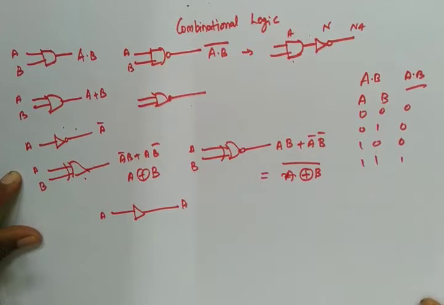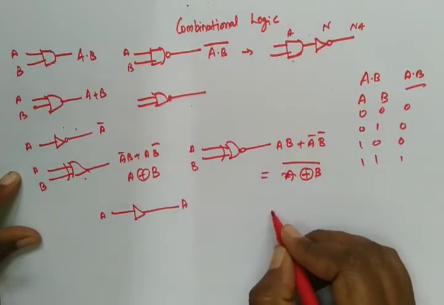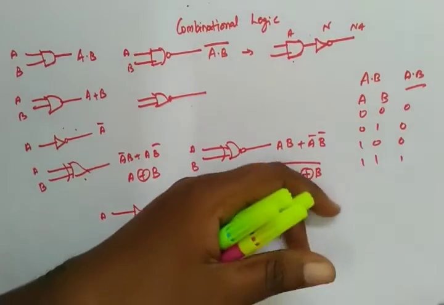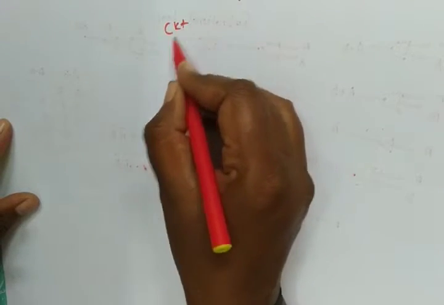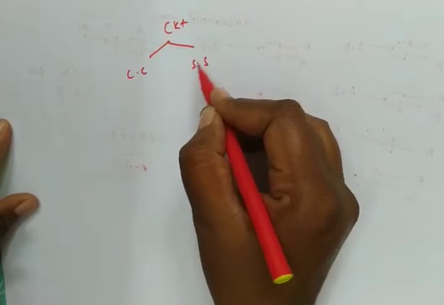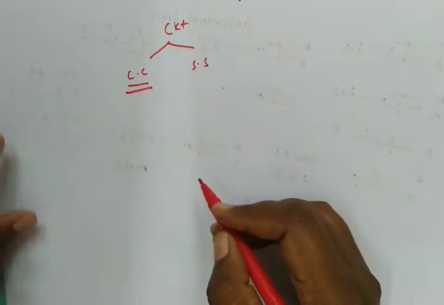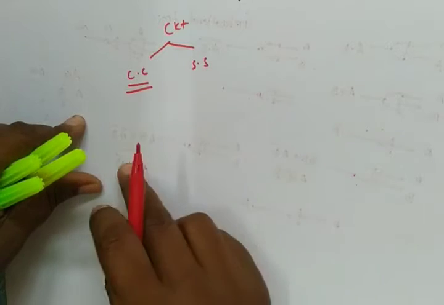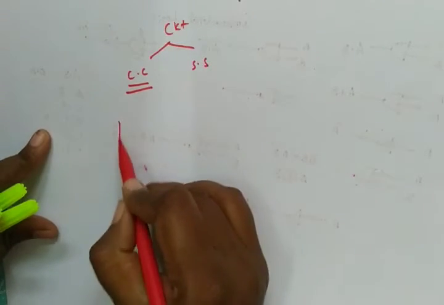Now let us move on to the combinational circuit. Now the circuit is classified into two types. One is the combinational circuit and the other is the sequential circuit. What is this combinational circuit? A combinational circuit is actually a digital circuit which produces the output.